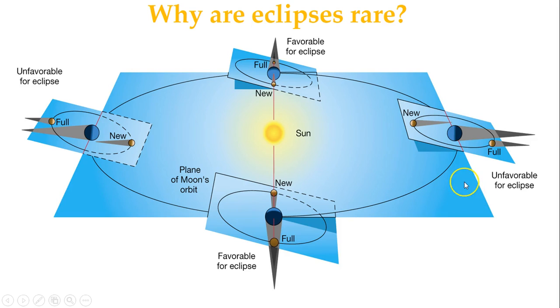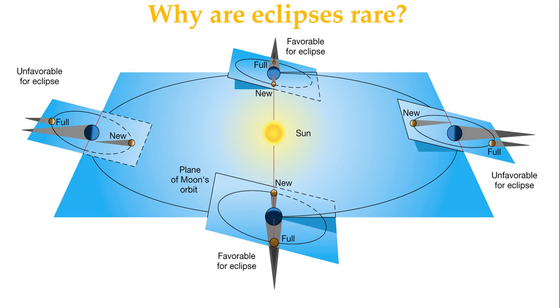Because of the revolution of the moon and its 5-degree orbital tilt, you don't have perfect astronomical alignments. That's why we only experience anywhere from 4 to 7 eclipses a year. This doesn't always mean that you're going to observe an eclipse. Again, it's based on where you're located latitudinally and where the umbra is actually reaching the Earth's surface.